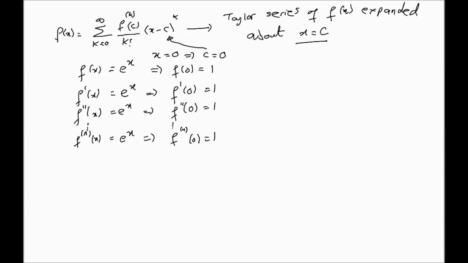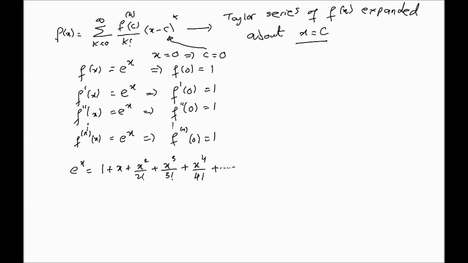Let's have a look at what is the Taylor series of e to the x. So we would say then that e to the x is equal to, term by term, 1 plus x plus x squared over 2 factorial plus x cubed over 3 factorial plus x to the 4 over 4 factorial, and so forth.